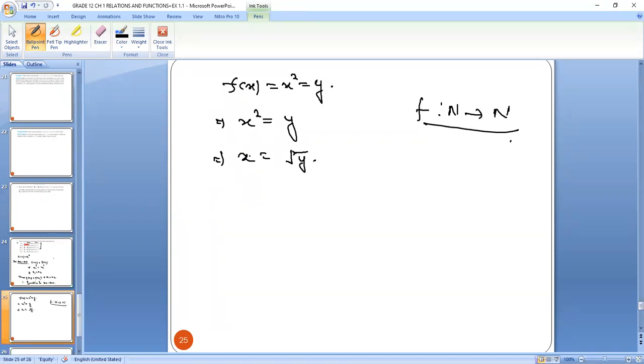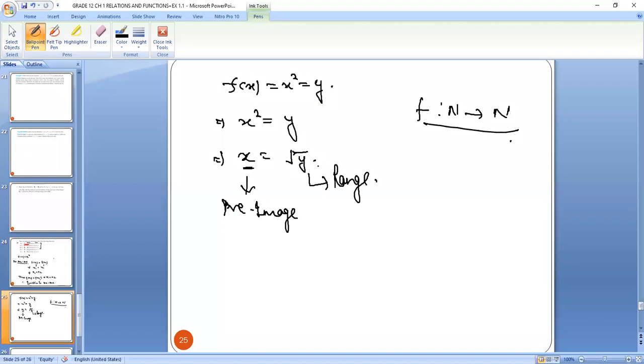Now, you have to check for every y, x should exist. If for every y, x is what? Pre-image, right? And y is what here? You can say codomain or range, right? Range. You are checking range.